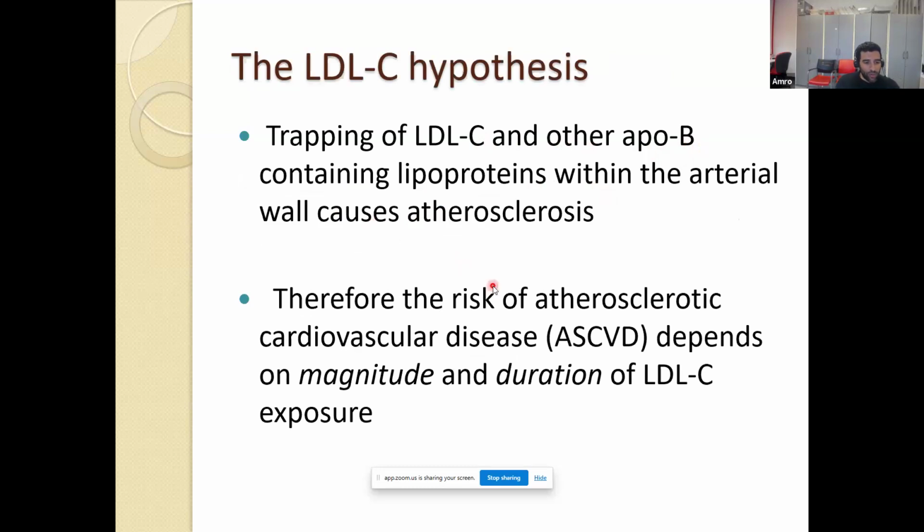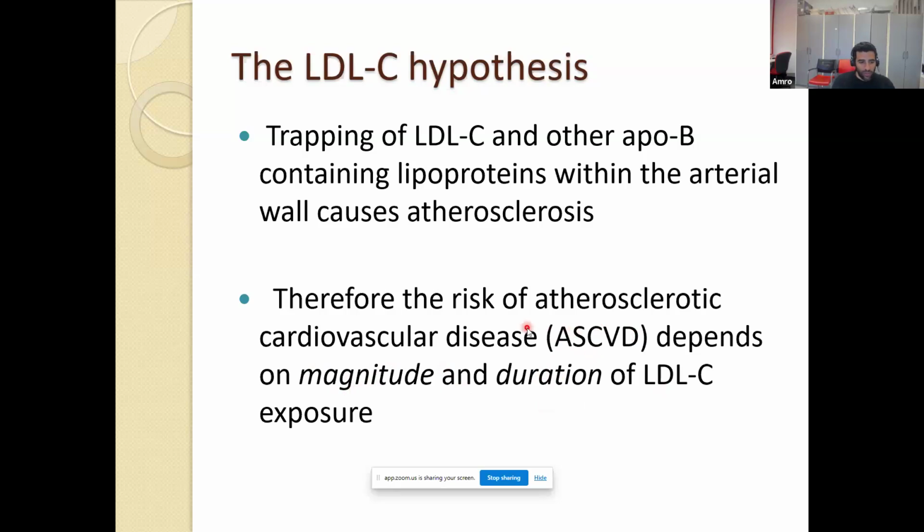So the risk of atherosclerotic cardiovascular disease depends on the magnitude and duration of LDL cholesterol exposure. What that means in essence is the higher your LDL cholesterol and the longer you've had high LDL cholesterol, the greater your risk is of developing atherosclerotic cardiovascular disease.